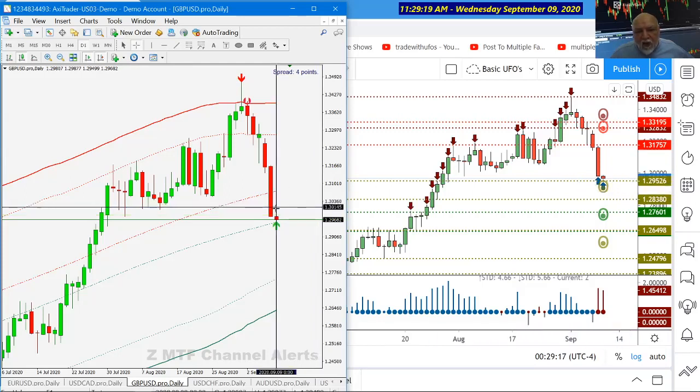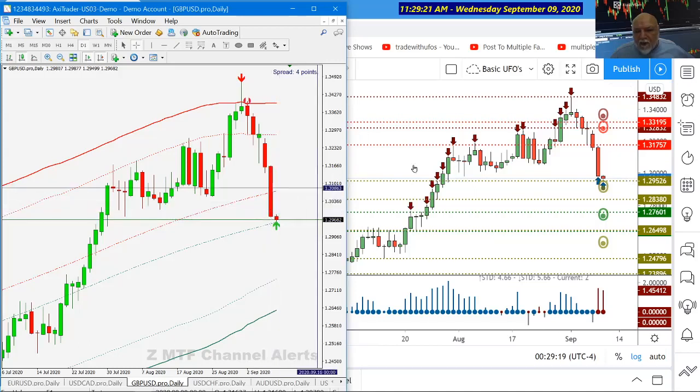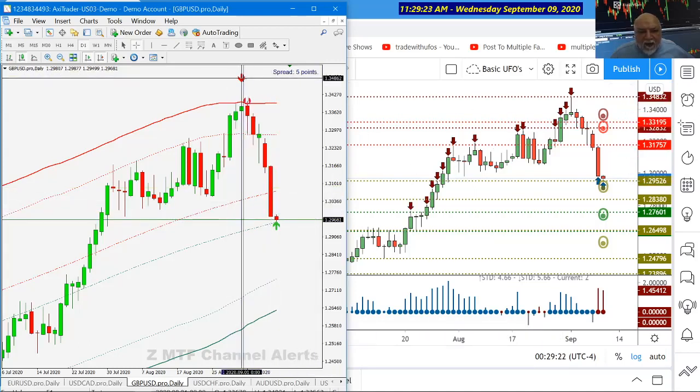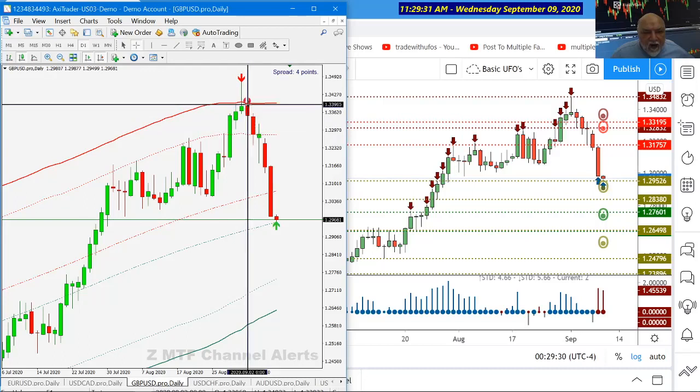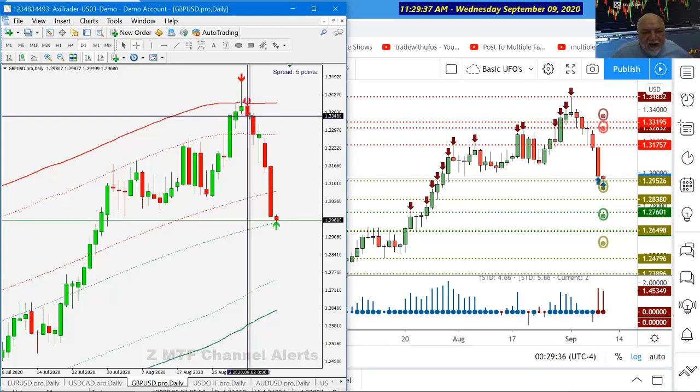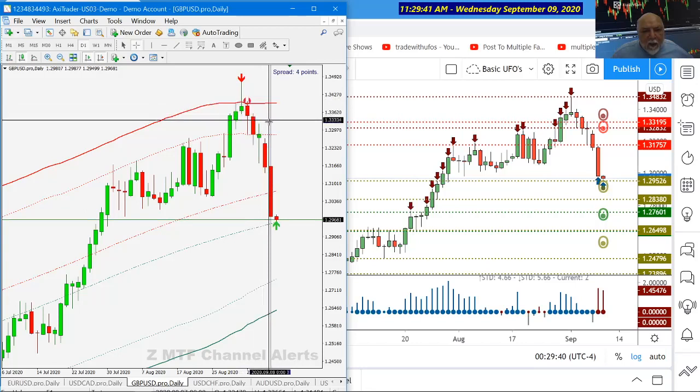Okay, so we see the correlations, they work. Up here for this trade last week, if we see here was the confirmation of that trade right there, and that trade confirmed inside the upper band.